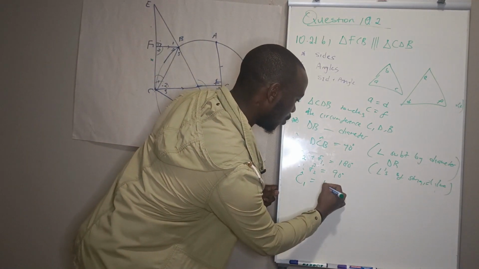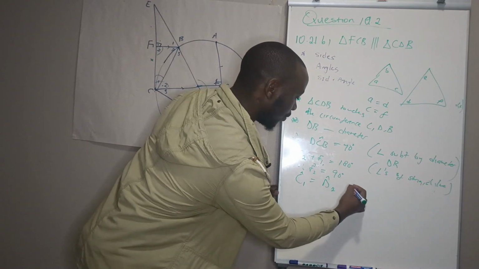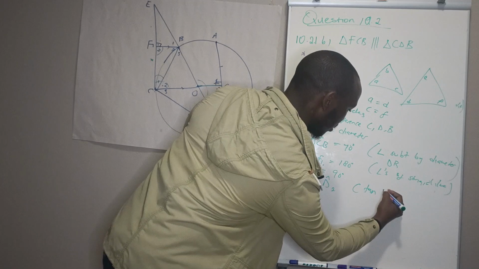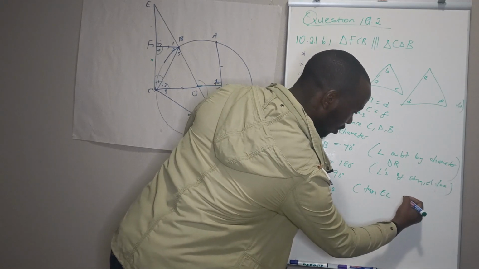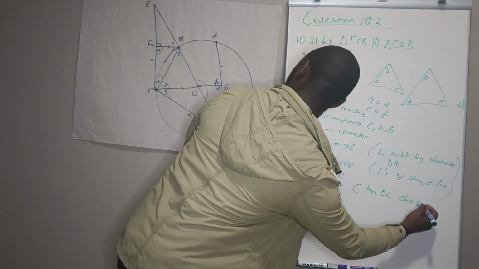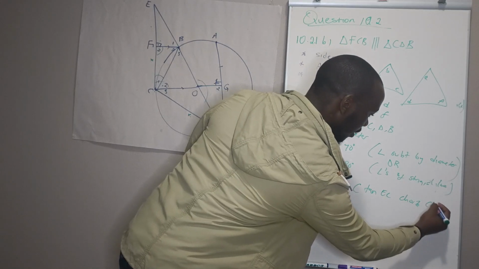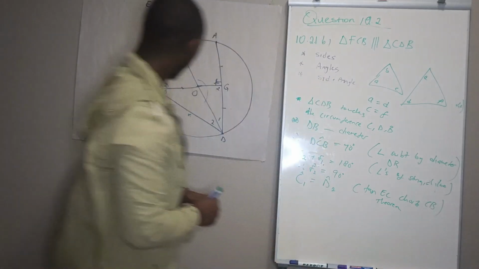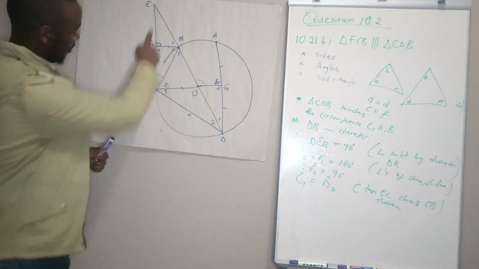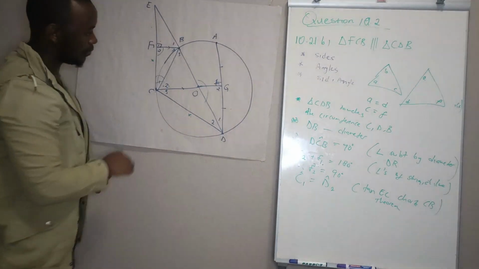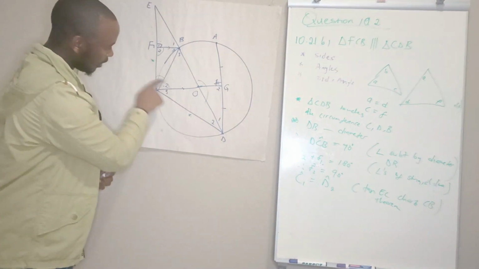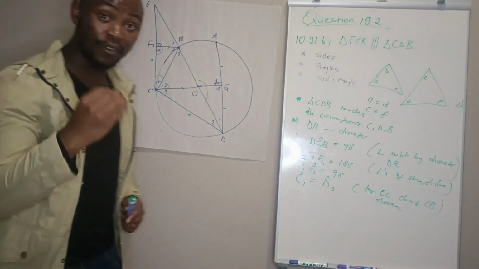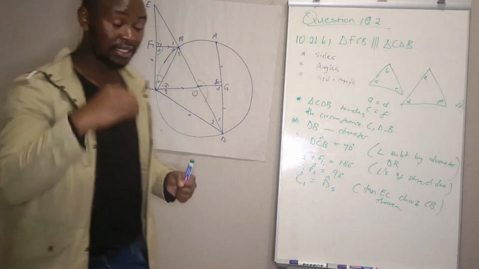Reason: tan, what is the tangent? It's tangent EC, chord. What is that chord? It is CB, tan-chord theorem. From the tan-chord theorem, tangent, chord CB, we gave birth to this rule that these two angles must be equal. We have proven two angles in these triangles that they are equal.